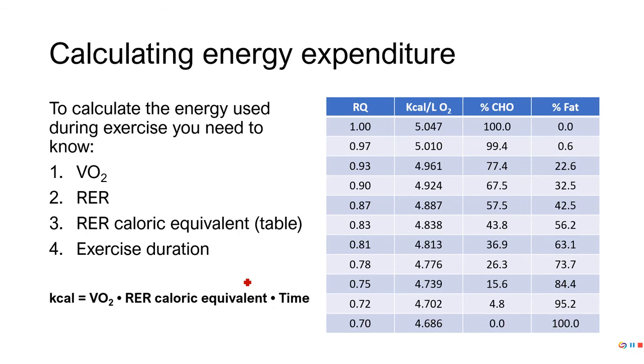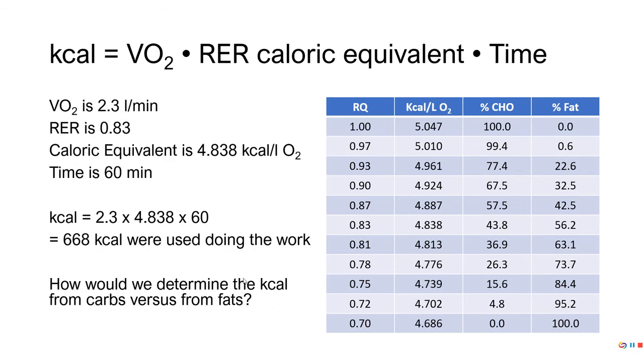But just an example is, let's just say your VO2 is 2.3 liters a minute. Your RER is 0.83, so that's right here. So your caloric intake is 4.838. We got that there. And you did this for 60 minutes. Okay, so you would just go 2.3 times 4.838 times 60, and you get 668 calories during that hour.